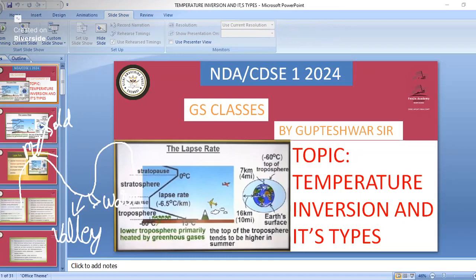You all know that cool air subsides, it comes down. Cool air is descending from both sides, and here we have the warm air, so it will start ascending. Now in this lower part we again have the cool air, and in the upper part we have the warm air. So now there is the creation of inversion.